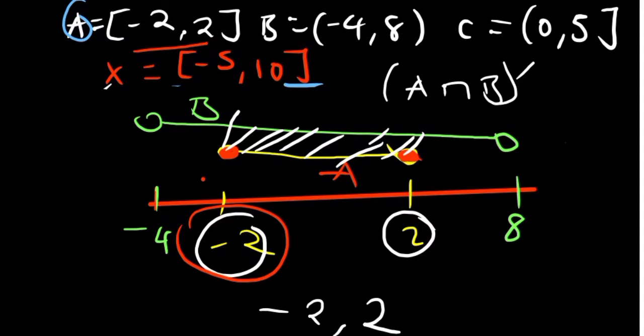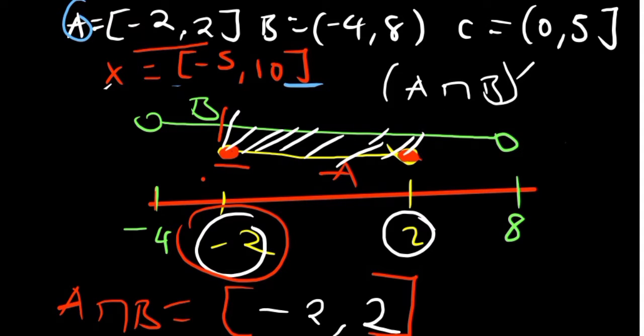It's part of A, it's also part of B, because it is between -4 and 8. So use this bracket. In short, you just determine by the shorter one. So that is what you have as your A intersection B. That's a region that is part of both A and B in this question. Are we together?